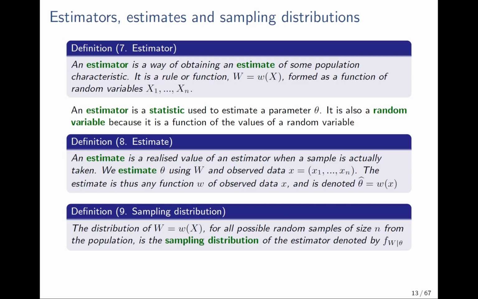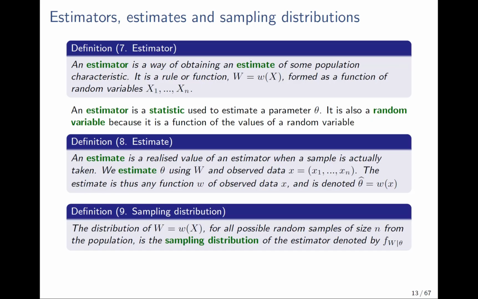So an estimator is a statistic used to estimate a parameter theta, but it's a statistic that's targeted. It's targeted at estimating a parameter. It's not just trying to describe a random sample. So in that sense, estimators are statistics, but not all statistics are necessarily estimators, because not all statistics are aimed at estimating a parameter.